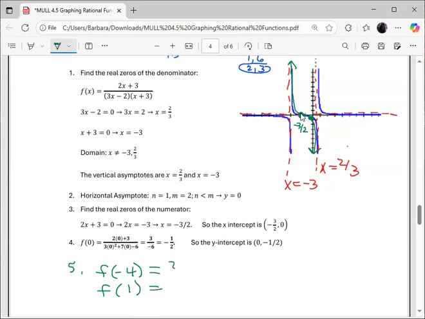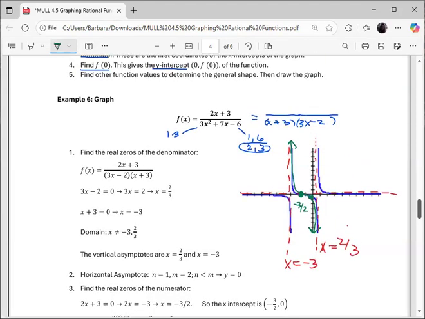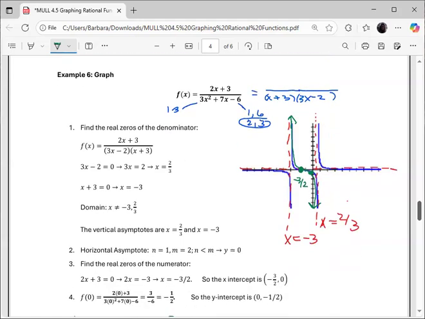So if you can find those, plug it into your equation, or just use the table and you can graph it. So now that you have a graphing calculator, you can now use algebra and use these steps to find the exact vertical and horizontal asymptotes.